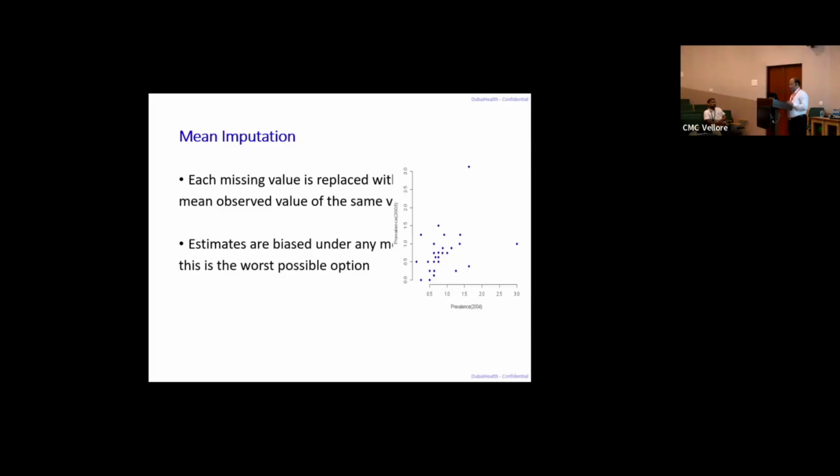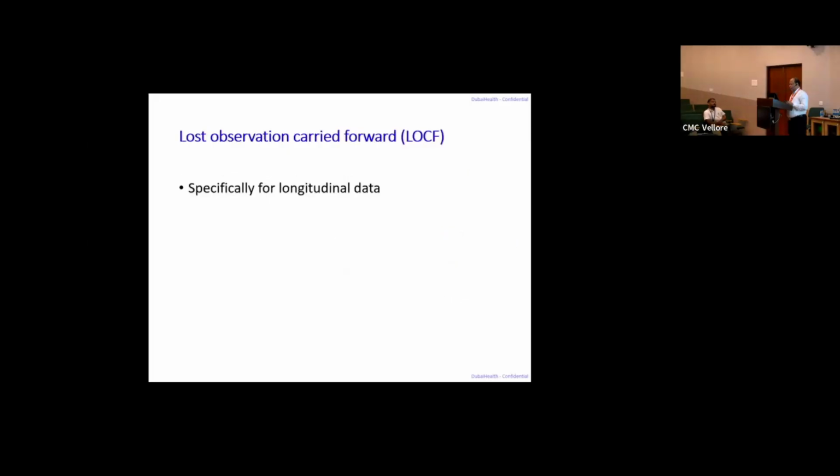Very simple. And this is last observation carried forward, as we discussed in the morning, especially when you have follow-up information. You take the previous information and substitute it where it is missing. This is commonly used by CROs in longitudinal data analysis.